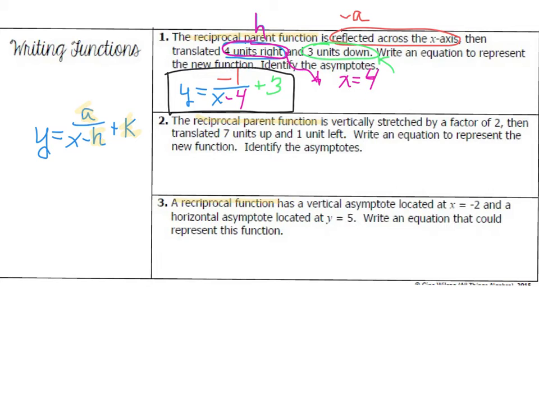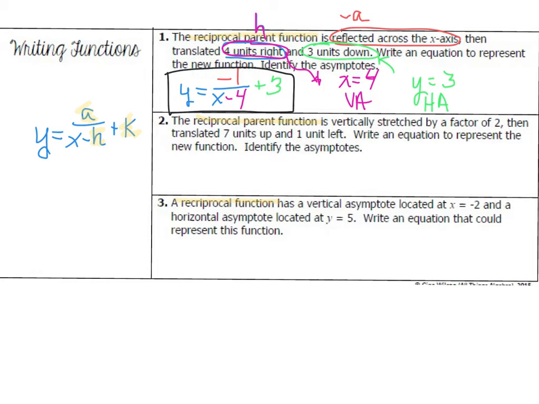So x cannot be 4. That is our vertical asymptote. And then our y equals 3 is our horizontal asymptote. And so we're just going to shorten these as VA and HA. Let's just put VA. We'll maintain consistency.